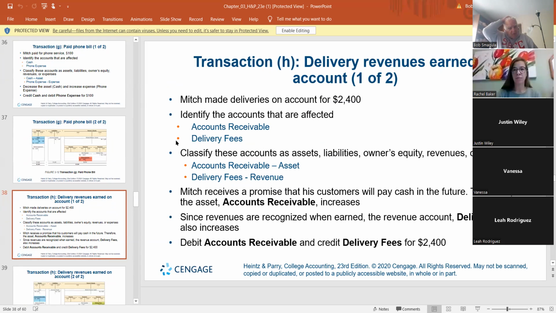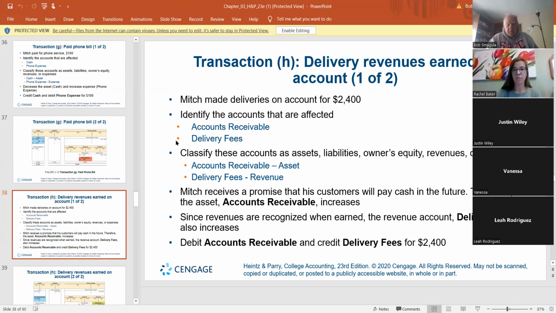Delivery revenues on account. Okay, on account, which means no cash. On account and nobody had money. Mitch made deliveries on account for 2,400. He catered a big meeting here at City College, and he brought the food in, $2,400 worth of stuff, and he handed the dean the bill for 2,400 to be paid later.